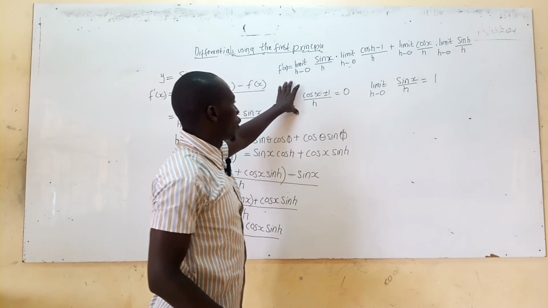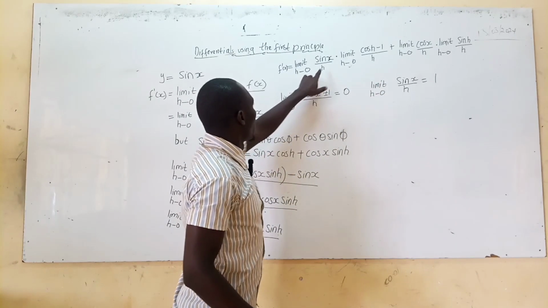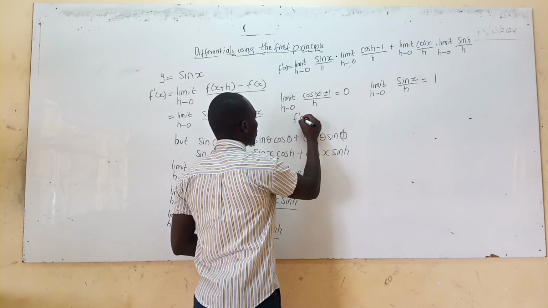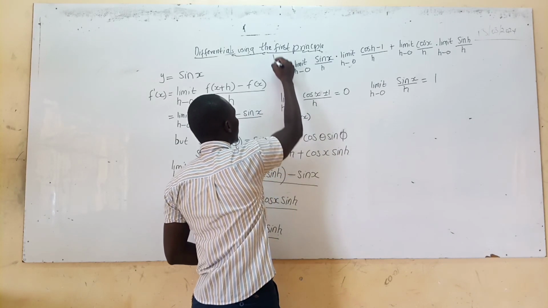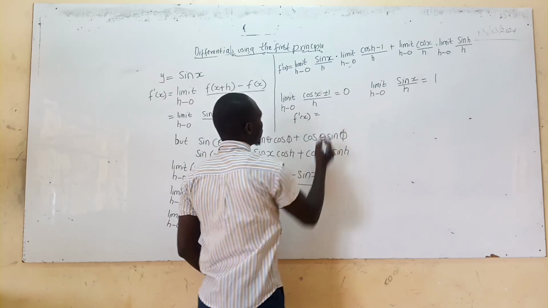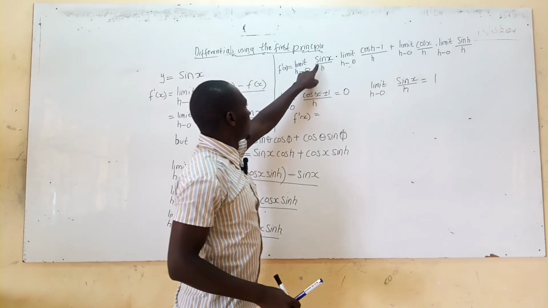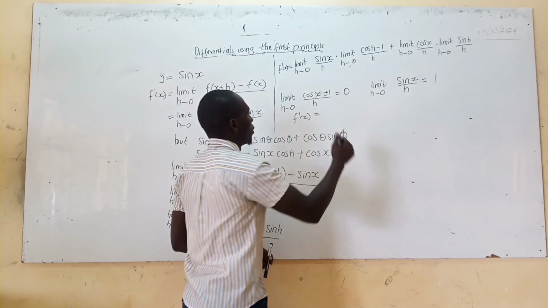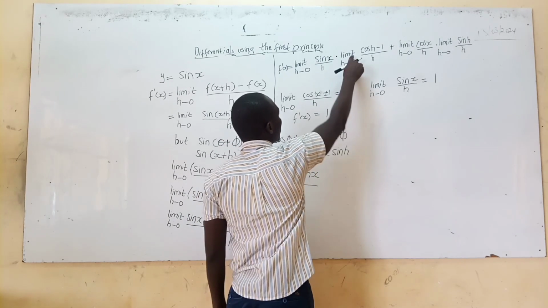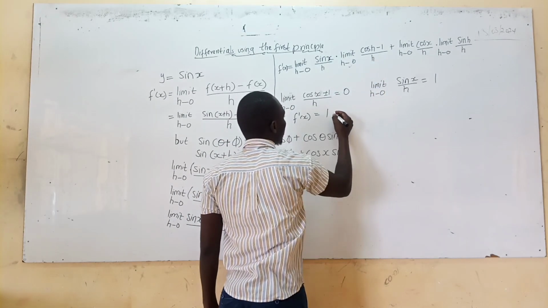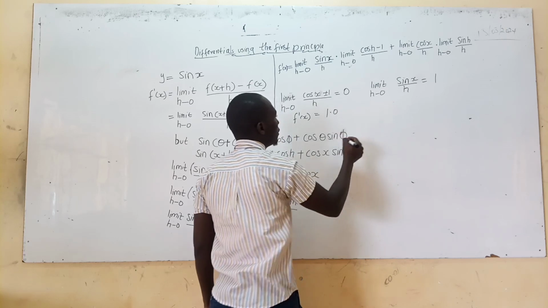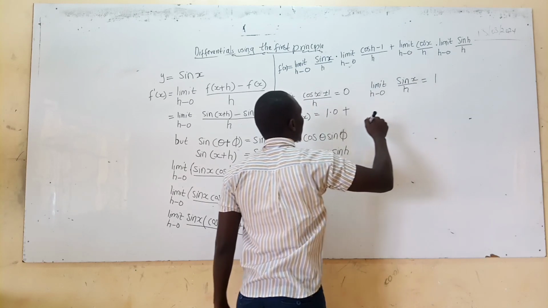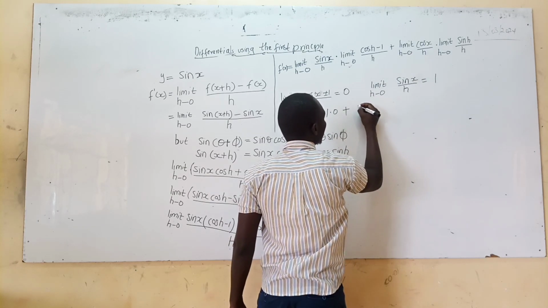And by use of these two, we are going to have the function f dash of x equals sine x multiplied by 0, plus the limit of cos x, which is going to remain.